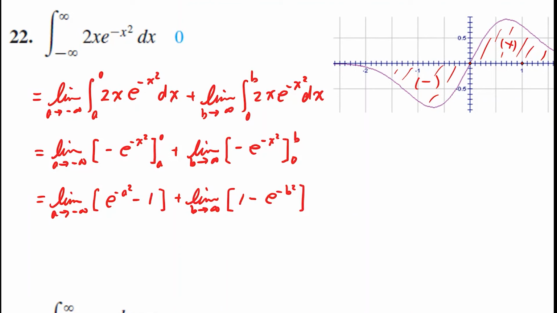Are you with me? Now, when you take a limit, this thing dies, right? Because it's e to the negative infinity, because it's squared, and this thing dies too. So we have negative 1 plus 1, which is 0.